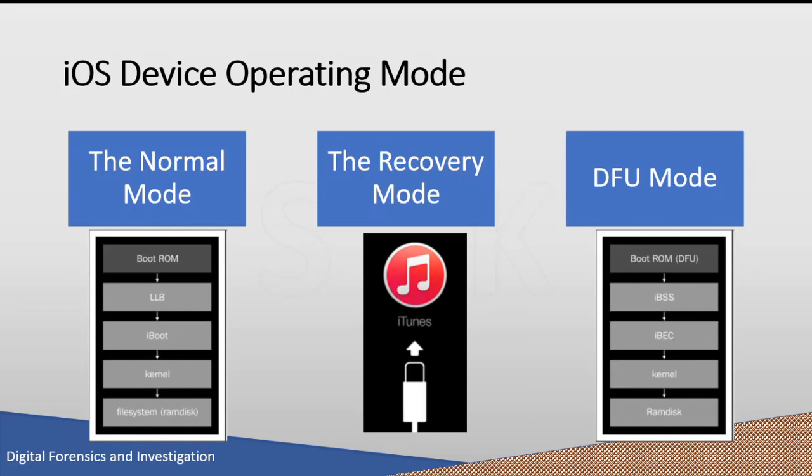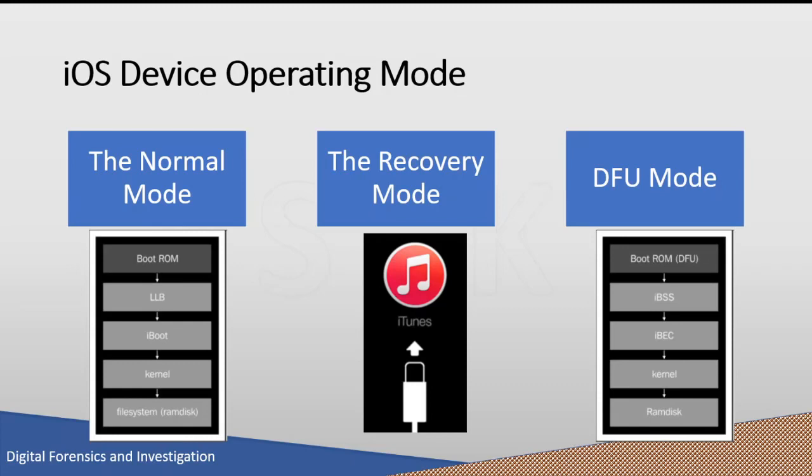The DFU mode is the low-level diagnostic mode and is designed to perform firmware upgrades for the iPhone. During a firmware upgrade, the iPhone goes through a different boot sequence, as you can see in the figure. Most forensic tools use the DFU mode to perform physical acquisitions on old iOS devices.